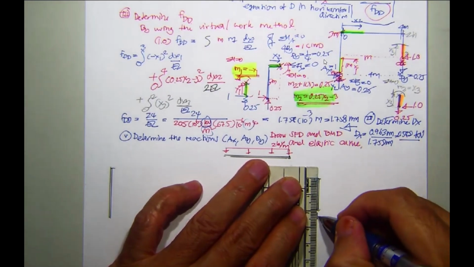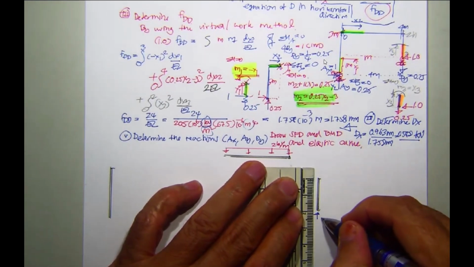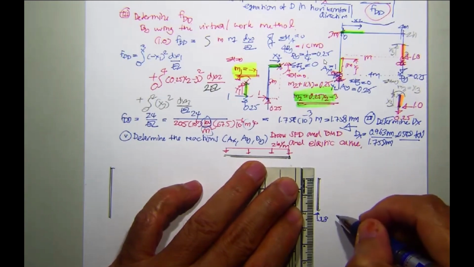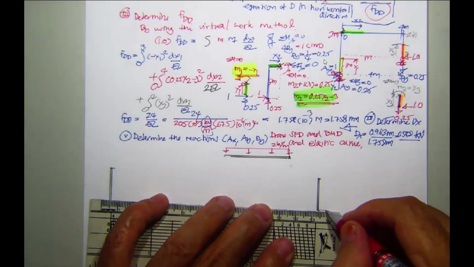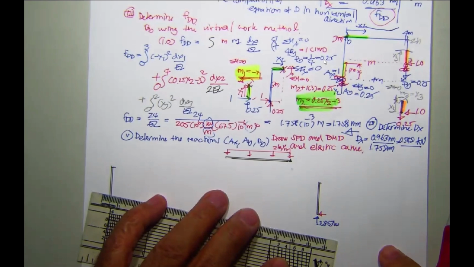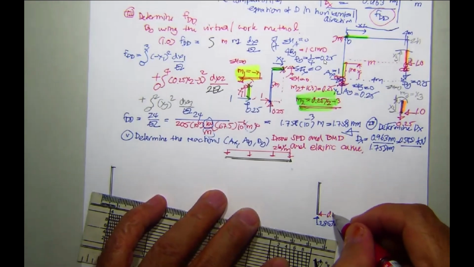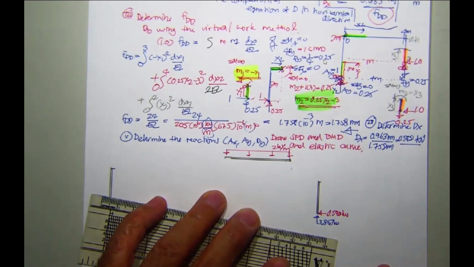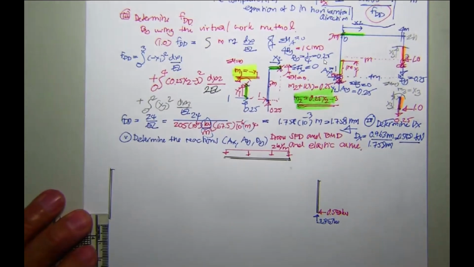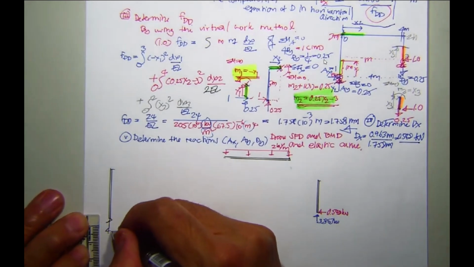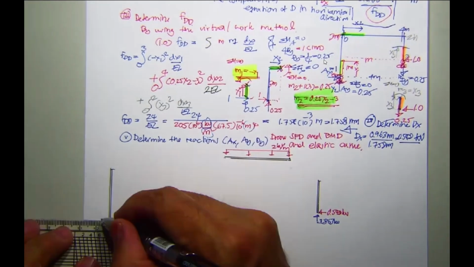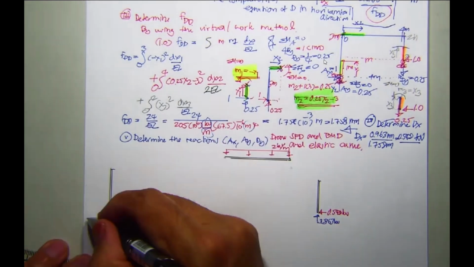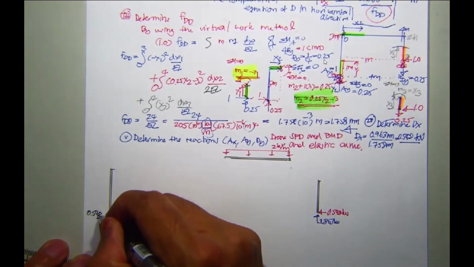Over here, we have d sub y to be 3.863 kilonewton, and we have d sub x 0.548 kilonewton. And for this one, we have 4.137 kilonewton, and A sub x 0.548 kilonewton.